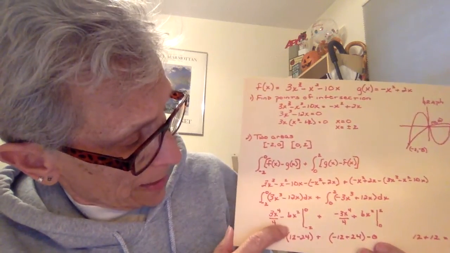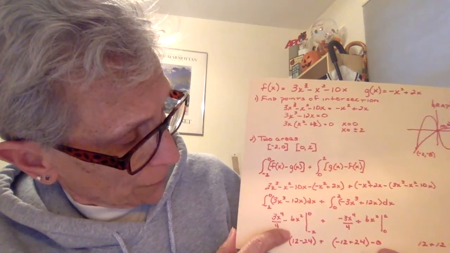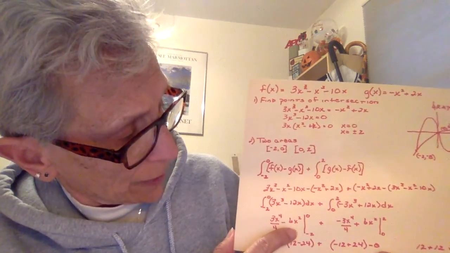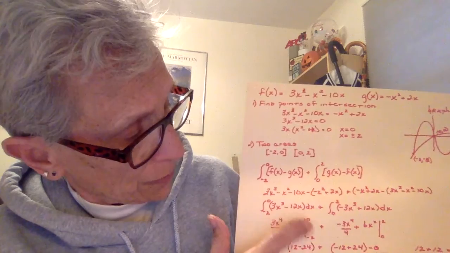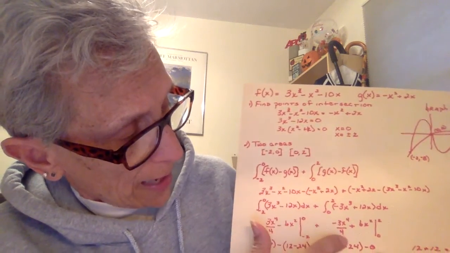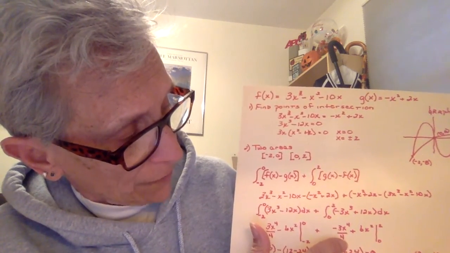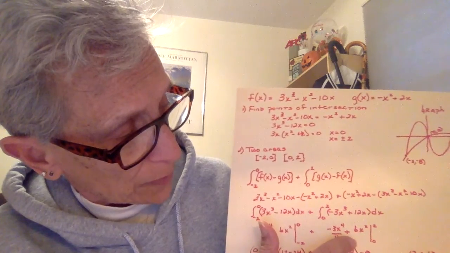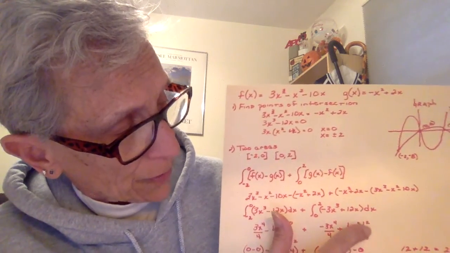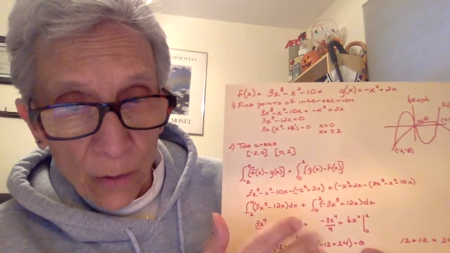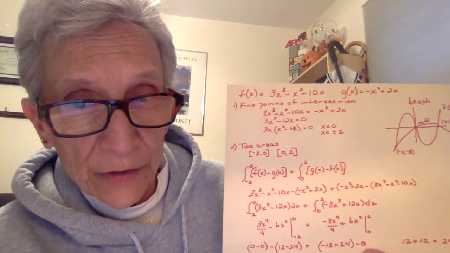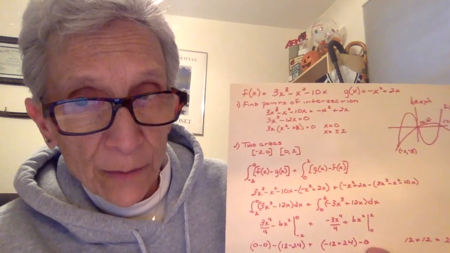Okay, you integrate, you have 3x to the 4th over 4 minus 12x squared over 2, which is 6x squared. You're going from -2 to 0. And on this integral, you have negative 3x to the 4th over 4 plus 6x squared, and you're going from 0 to 2.